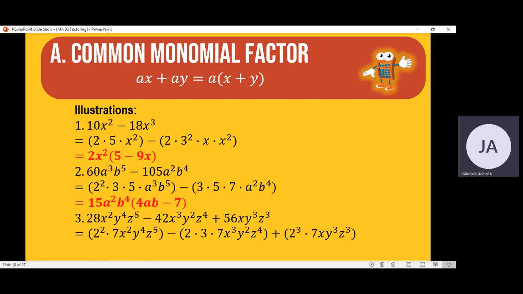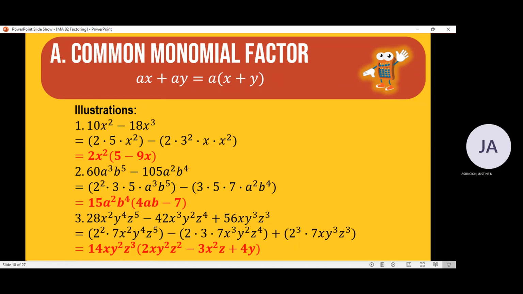So our common monomial factor here is 14x y squared z cubed. Dividing each term by 14x y squared z cubed, we obtain 2x y squared z squared, rather, minus 3x squared z plus 4y.